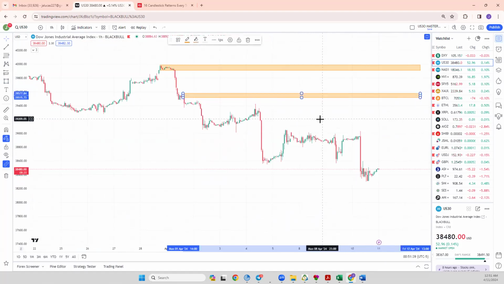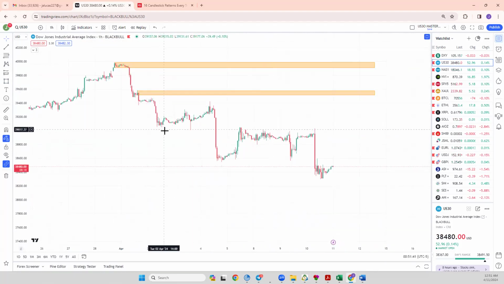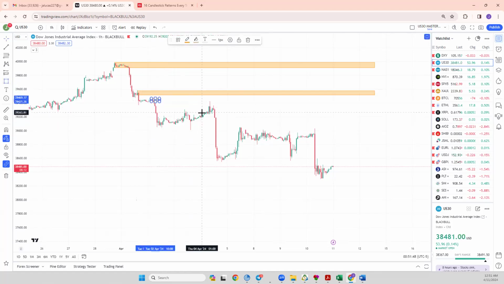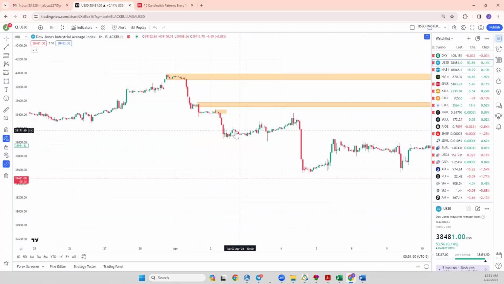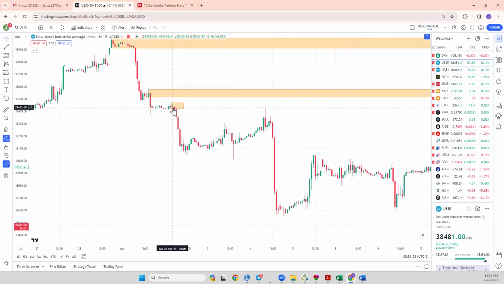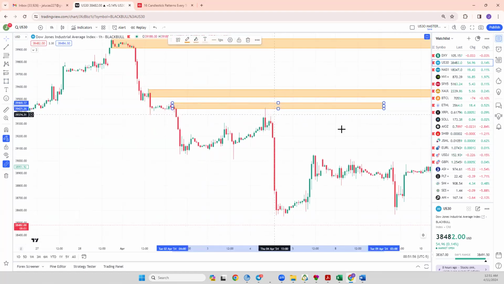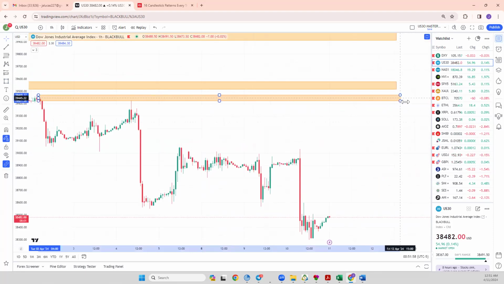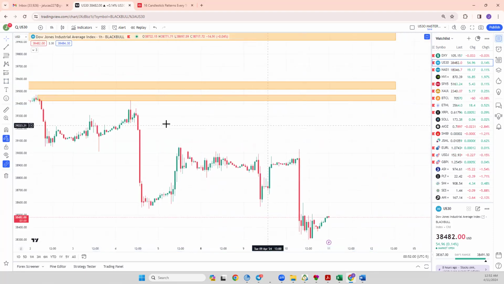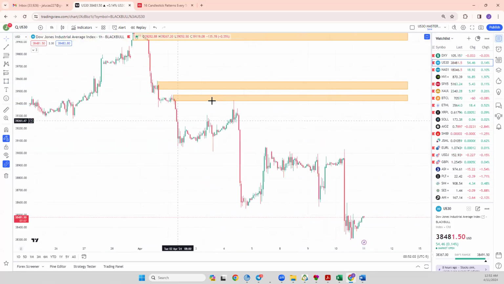Came down right here. That would be considered a level right there. So we got all these levels. And it's not that candle, it's the candle right after. It's that one. You see that price rejected right there, right? Came down here, and this would be the last bullish.